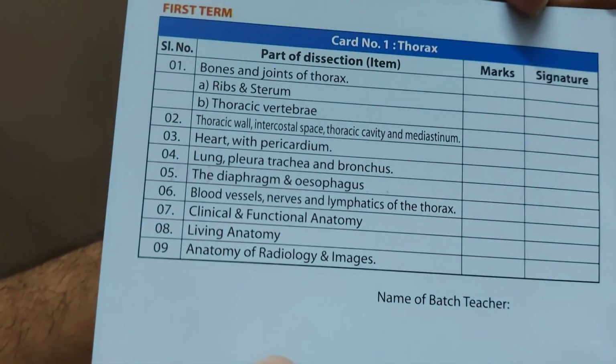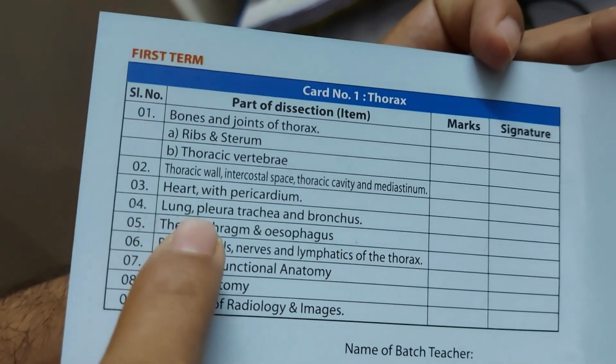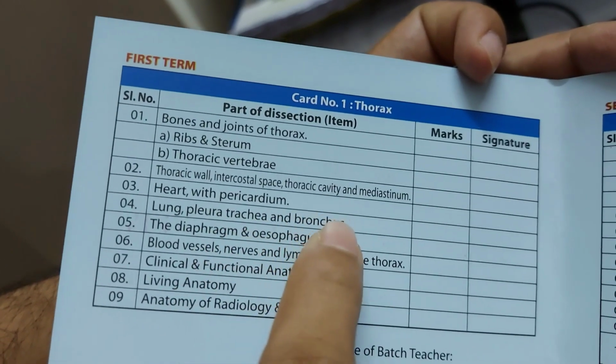This class is only for the lungs, and our item card, the first card, the thorax card, number 4 item: lung, pleura, trachea and bronchus. We will cover all these things in today's lecture, and first of all we want to talk about the lung.